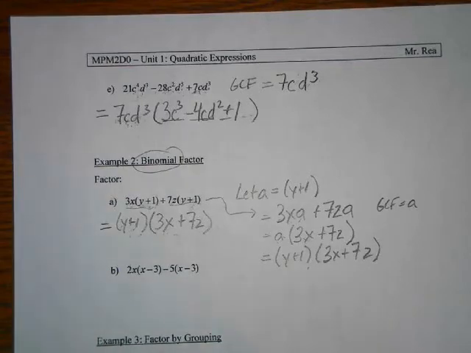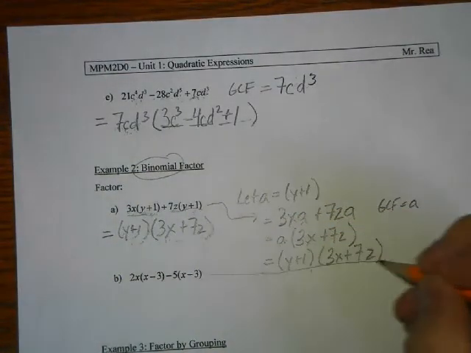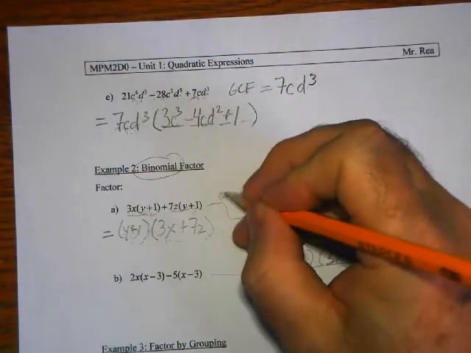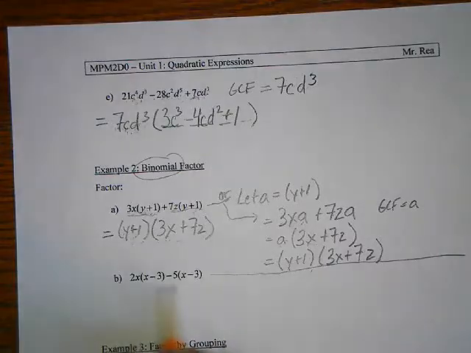So let's do the same approach. We'll do the substitution method for this one as well. You can see a similar thing going on here. We've got an x minus 3 that seems to be a common factor in both of these expressions.